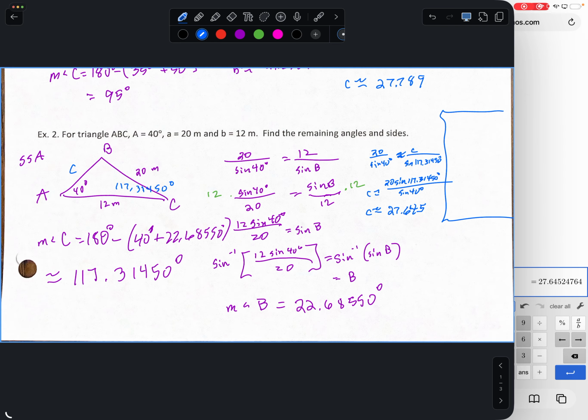So we found the measure of angle B. And I'm going to 3 decimal places, normal rounding rules, measure of angle C. And then little c. And that has the units of meters on it.